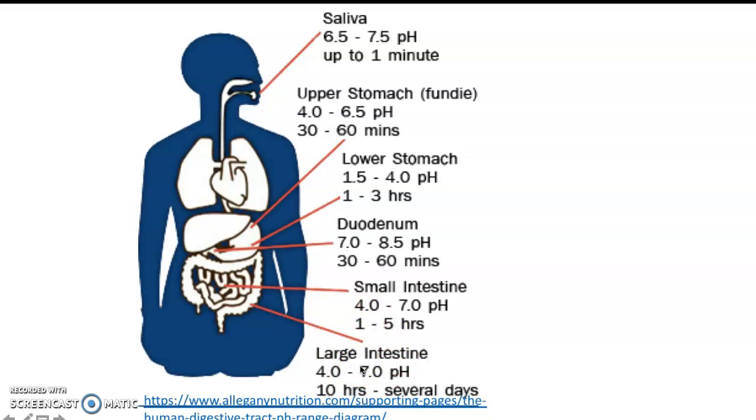So we've got some very acidic regions of the gastrointestinal tract in the stomach, and then we've got some other regions that are actually quite basic, like the duodenum. Now, a second ago, we said that pH will play a role in influencing the activity of enzymes, so you'll want to keep the ambient pH of these different regions of the digestive system in mind when you're thinking about digestive enzyme activity.